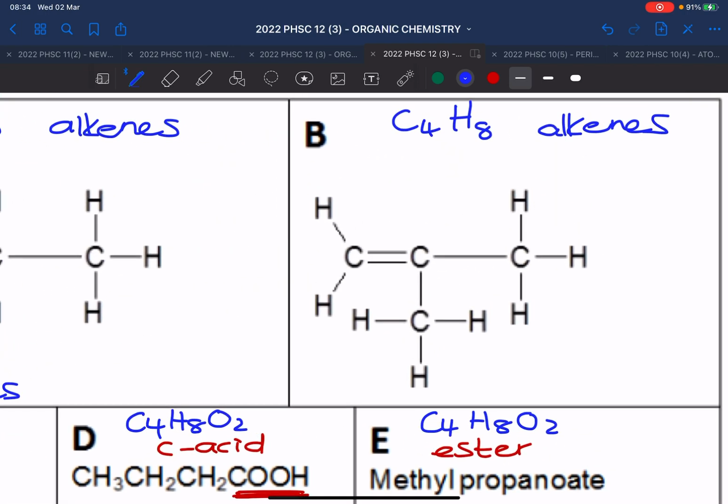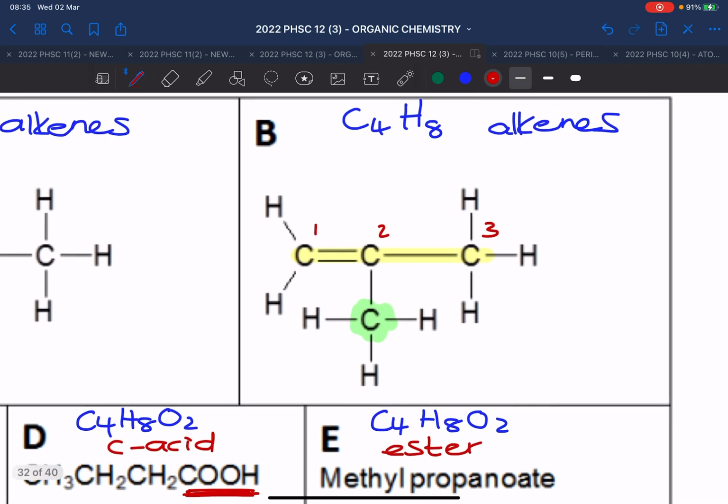There it is. You go to your parent chain. There's your parent chain. And then you see you have your side chain. Will you start counting from the left-hand side or the right-hand side? Left. 1, 2, 3. You start counting from the left because it's closest to the first functional group or side chain or whatever.